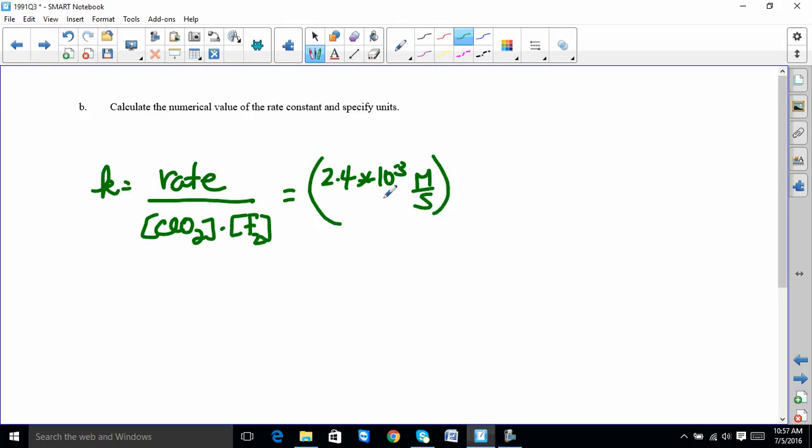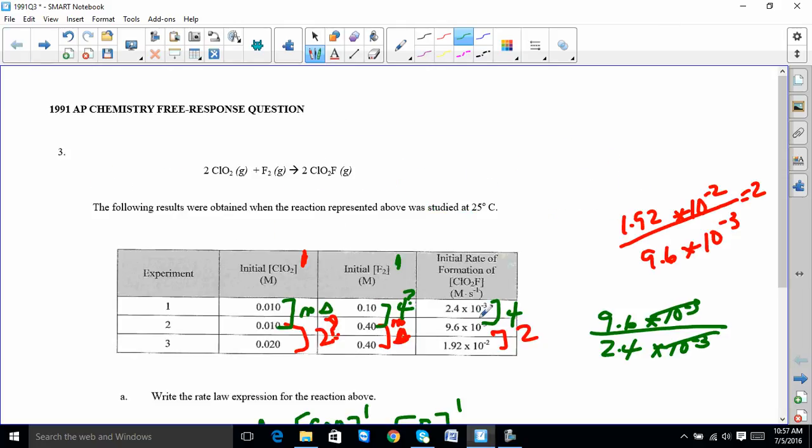These are downstairs, so it's 1 over 0.010 molar, and fluorine is also downstairs, so this is 1 over 0.1 molar. Going back a slide to show you where I'm getting that, 2.4 times 10 to the negative 3 is the rate.